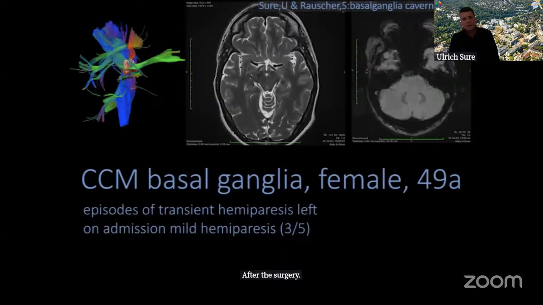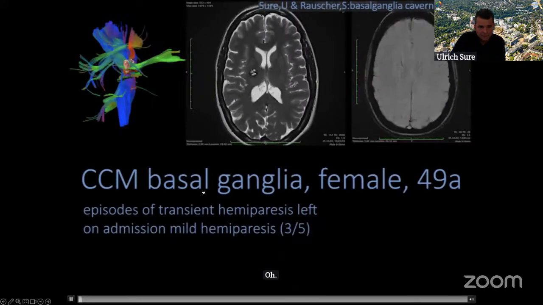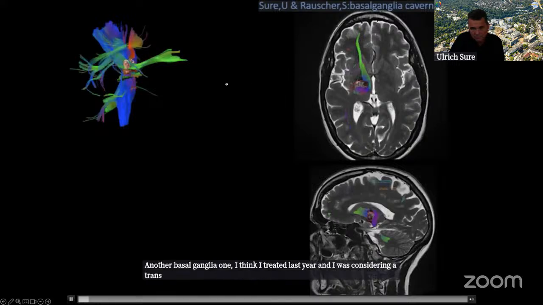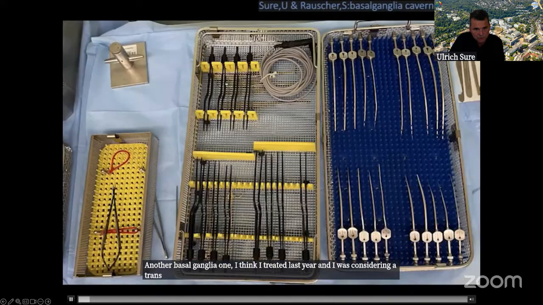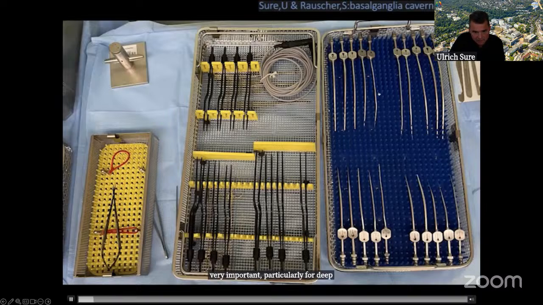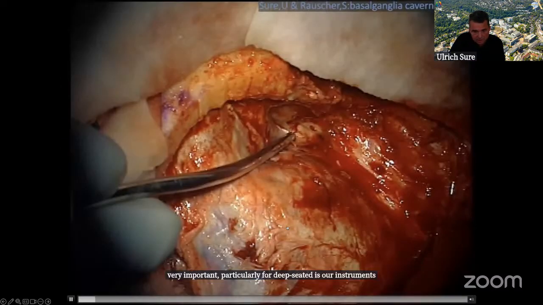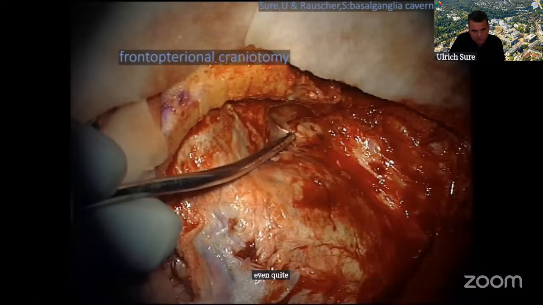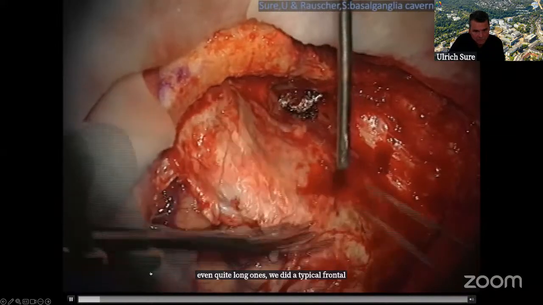Now, let's look at this one. Another basal ganglia one. I think I treated it last year, and I was considering a trans-sylvian approach. Very important, particularly for deep-seated lesions, are these special instruments that I use, even quite long ones. We did a typical frontotemporal craniotomy. This is double speed.